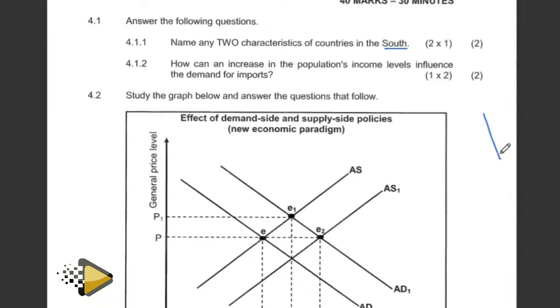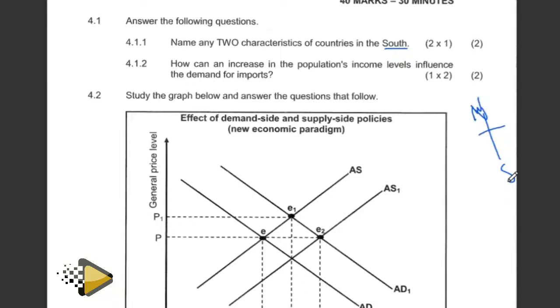So if you still remember, we have the northern countries as well as the southern countries. There is a belief that most of the northern countries are countries that are developed, but most of the southern countries are countries that are less developed. So now, if you check the characteristics of southern countries, those countries that are less developed, it means that there is higher fertility rate.